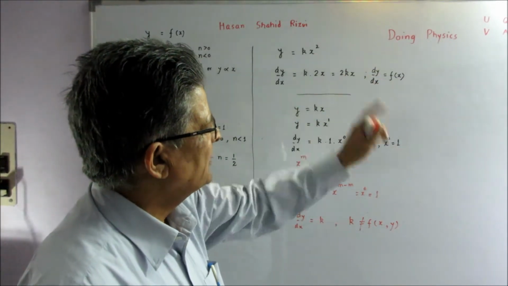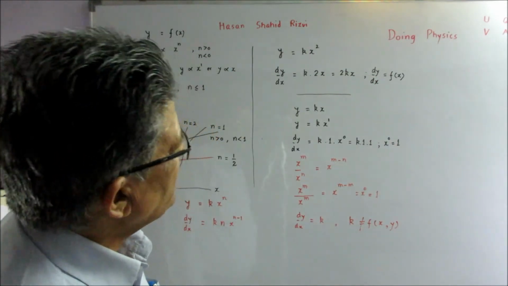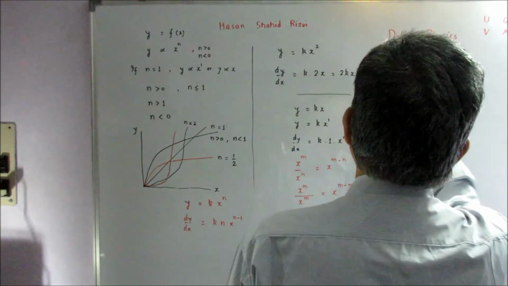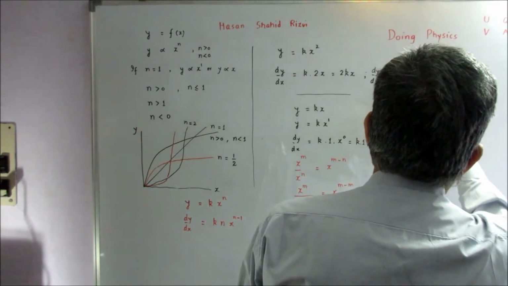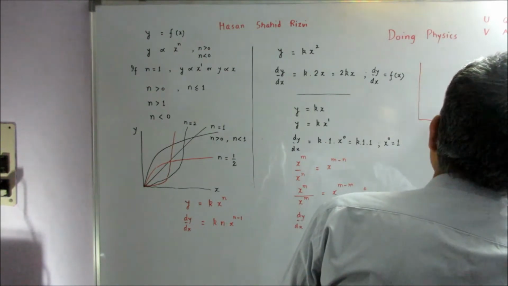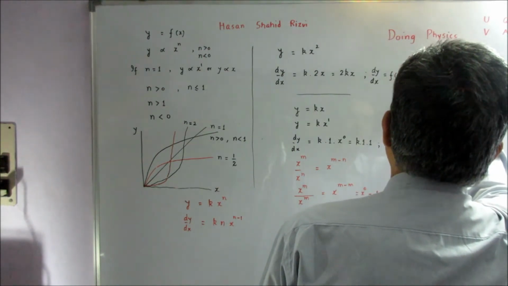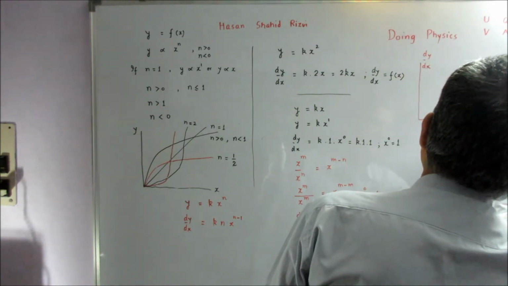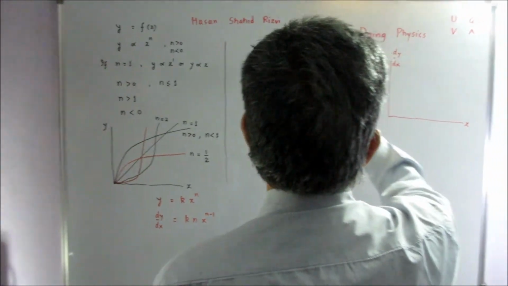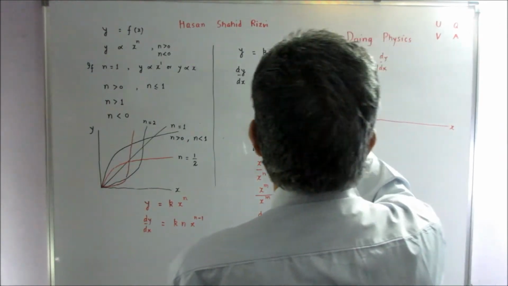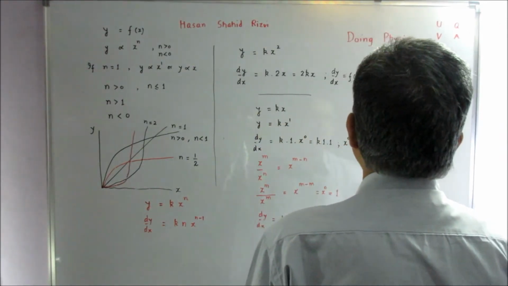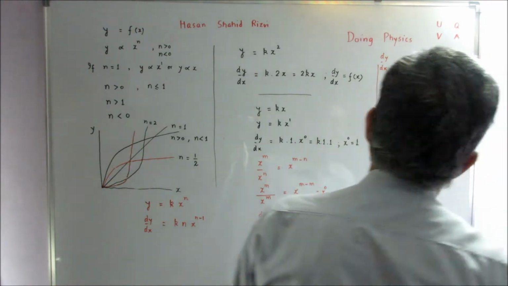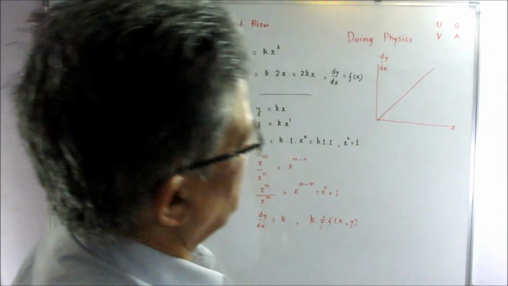As x changes, so does dy/dx. So if I want to plot dy over dx, this is the rate of change of y with respect to x, with x. So we find that this is equal to 2kx. So it again changes in a linear manner.